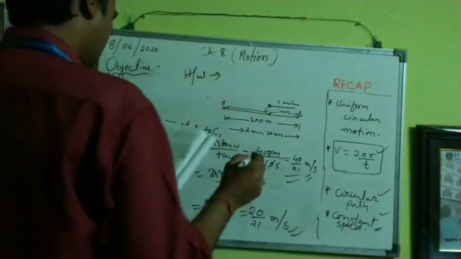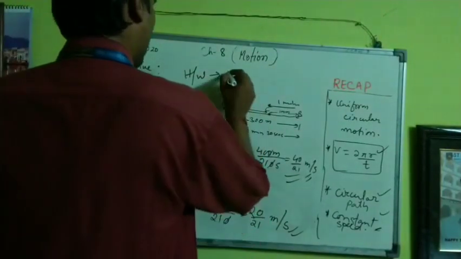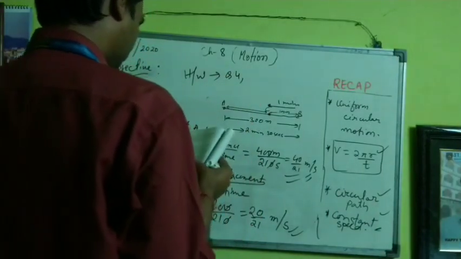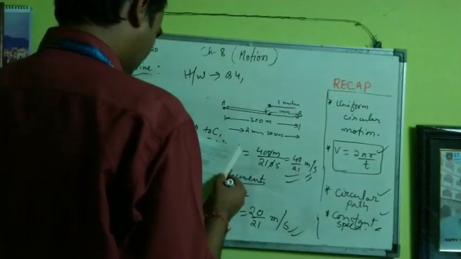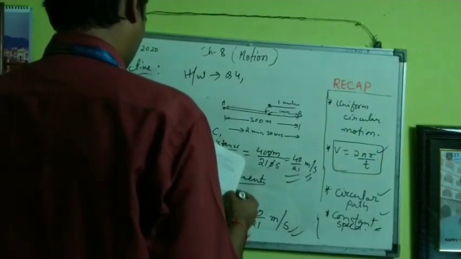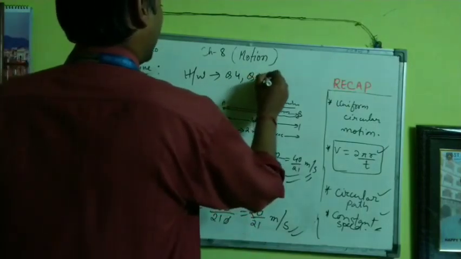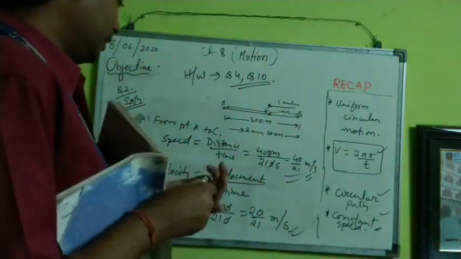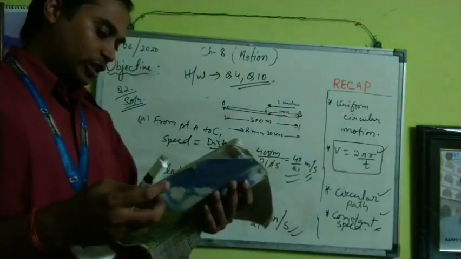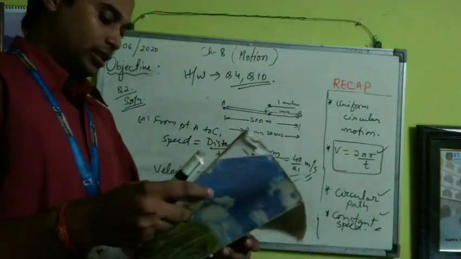Your homework will be question number 4 and question number 10. Please do these 2 questions as homework, and whatever important question is left, we'll discuss in next week's class.